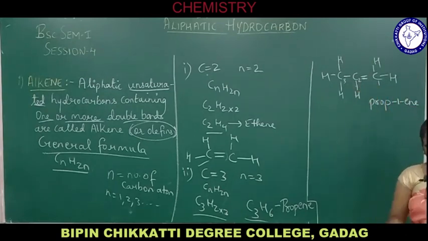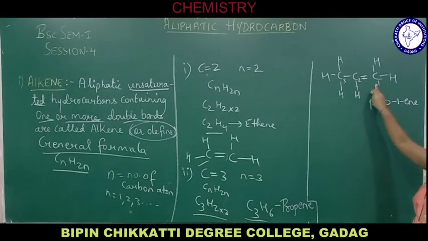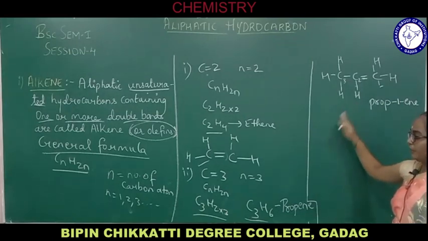"Ene" means the double bond is present, and that's why we need to give the lowest preference number over there. So the lowest preference number between carbon number 1 and carbon number 2 is 1, because 1 is lower than 2, right? Smaller than 2. So we are going to take the lowest preference over there. So this is 1, right? So I am going to write down 1 over here. So this is how the structure will be for propene.